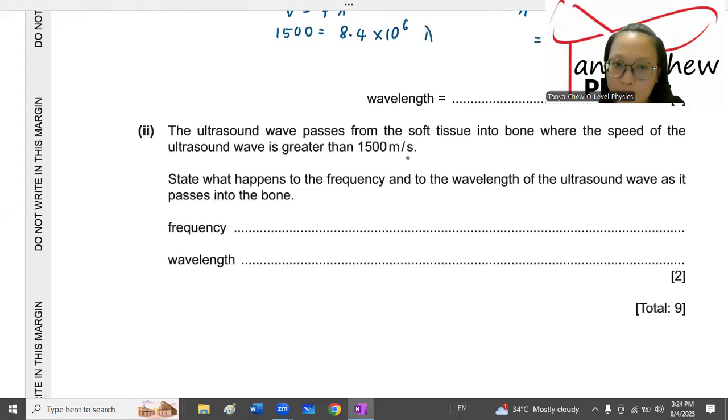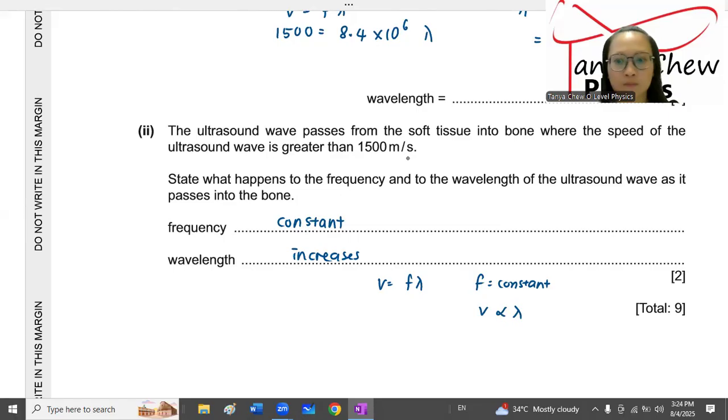So you've got to remember that frequency must be constant, unless this ultrasound is changed to another ultrasound, then only the frequency will change. And using the same equation, v = fλ, f is constant, v is directly proportional to the wavelength. Since the speed is greater, wavelength would have to increase. That's it.